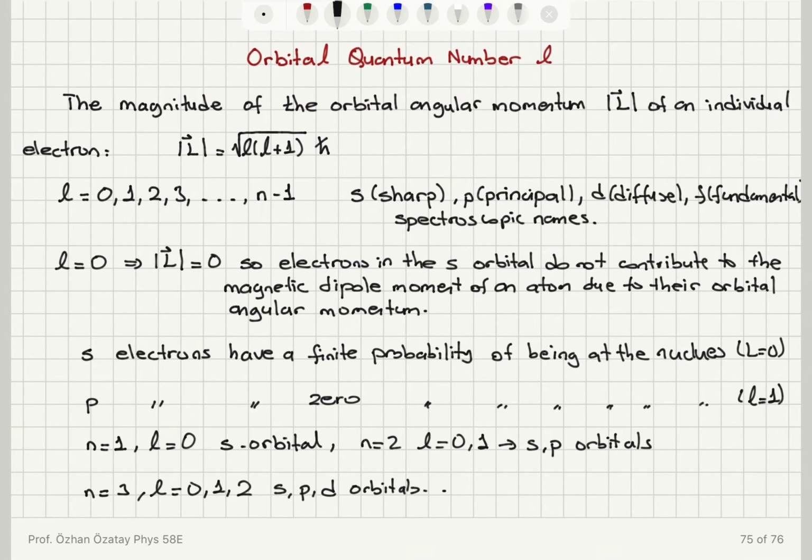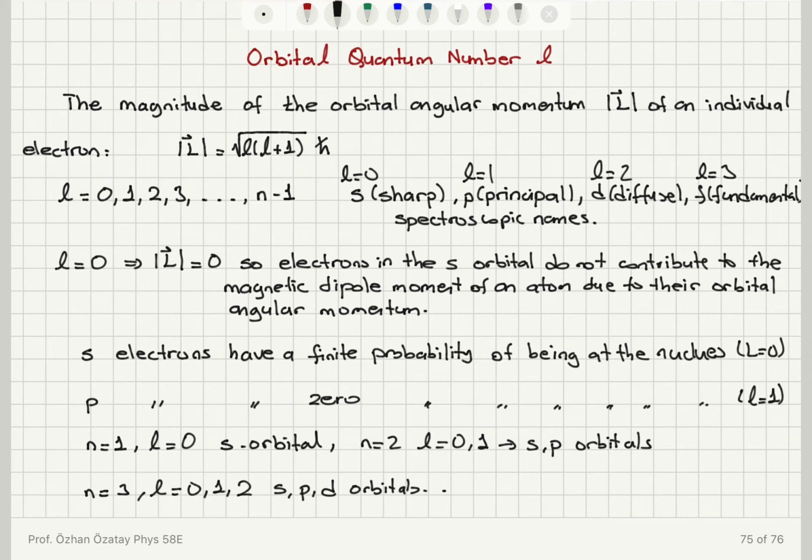Okay, so in summary, we talked about the significance of the orbital angular momentum quantum number L. It gives us the magnitude of the orbital angular momentum, square root of L(L+1) h bar. L can take values between 0 and n minus 1, and L equals 0 is named s orbital, L equals 1 is named p orbital, L equals 2 d orbital, L equals 3 f orbital.